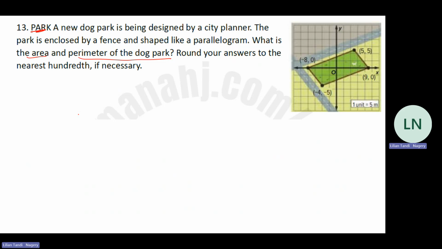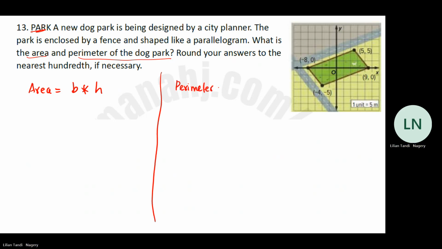Okay. How do we find area of a parallelogram? Area equals base times height. How do I find perimeter? So we will find side 1 plus side 2 plus side 3 plus side 4. All right.